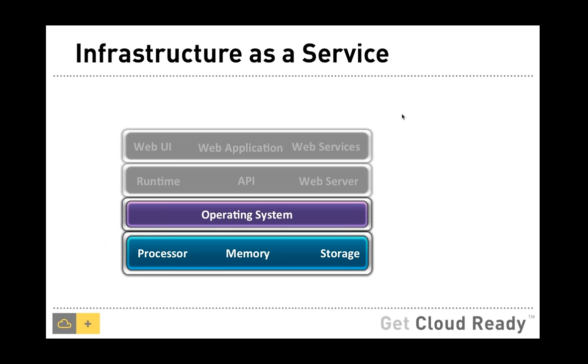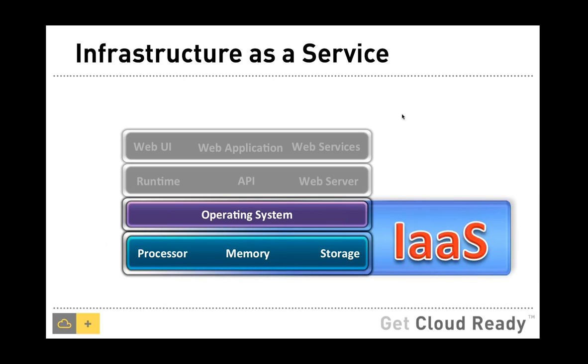So initially we dealt with the virtual machine and the operating system as a service. We call that a cloud OS. So this is actually called IaaS, infrastructure as a service, where you actually get to deal with the primary infrastructure, which are the building blocks of the core application.